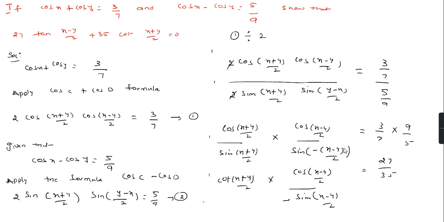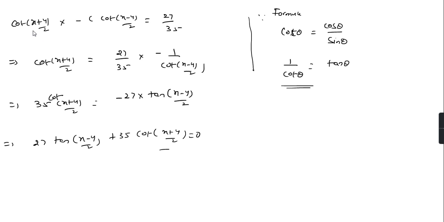And cot theta is nothing but cos theta by sin theta, so we get cot of (x plus y) by 2 into minus cot of (x minus y) by 2.